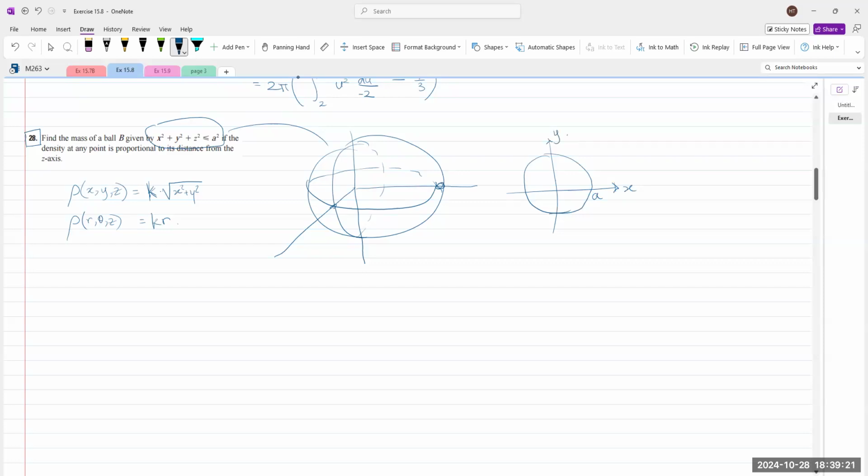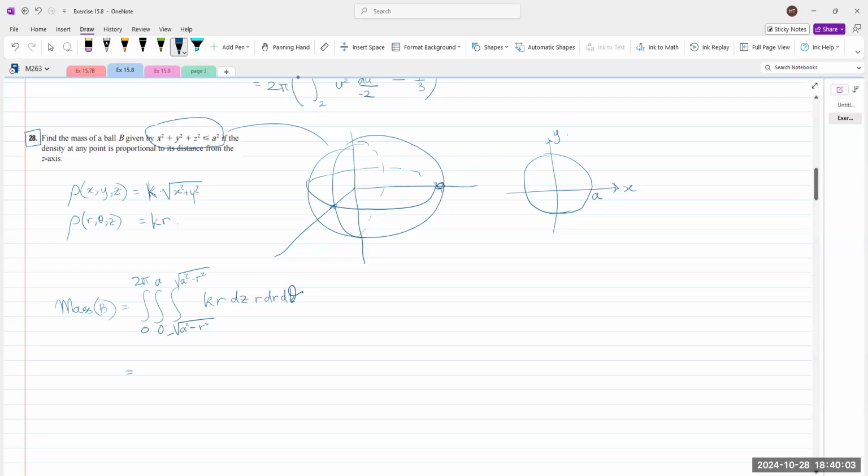So the mass of that ball B will be the triple integral, theta from 0 to 2 pi, r from 0 to a, and the z component from negative square root of a squared minus r squared to square root of a squared minus r squared, of kr dz r dr d theta.